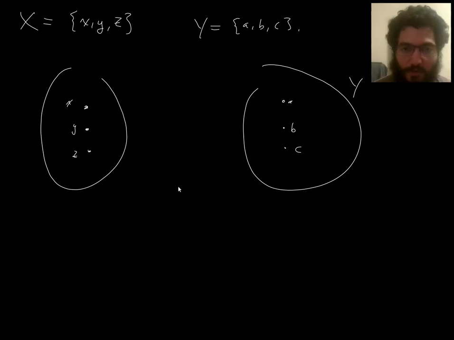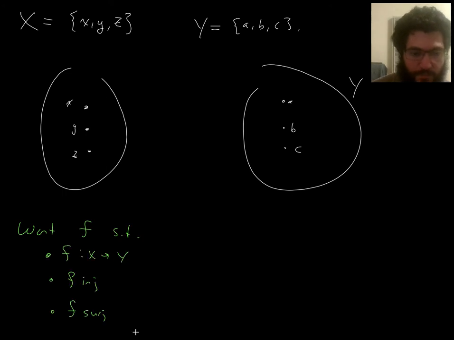So first of all, it has to be a function. So I'm not allowed to do this, right? I'm not allowed to do this. So let me state clearly what I want. I want f such that all three of these things hold: f maps X to Y, f is injective, and f is surjective. And by surjective, I mean surjective onto Y. So these two together mean f is bijective. So this is what I'm trying to draw, and I want you to see the process of drawing something like this.